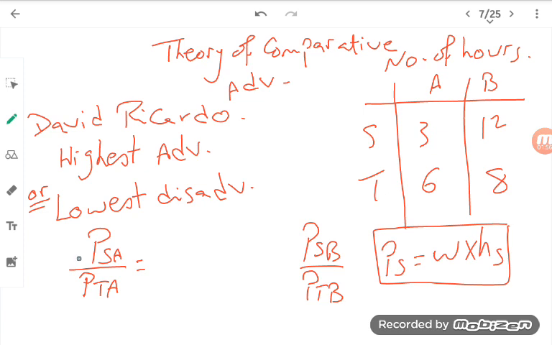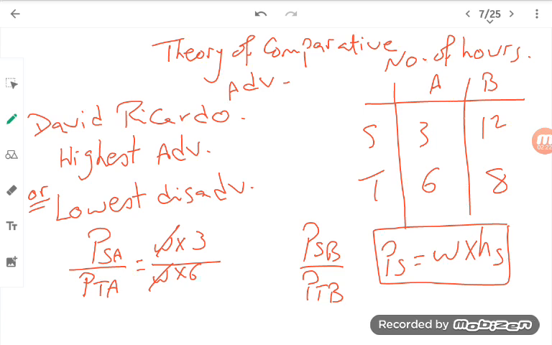So the relative price of soybeans in country A will be the wage rate multiplied by 3, which is the number of hours required to produce a single unit of soybeans in country A. And with respect to textiles, the wage rate multiplied by 6. We can cancel wages together.